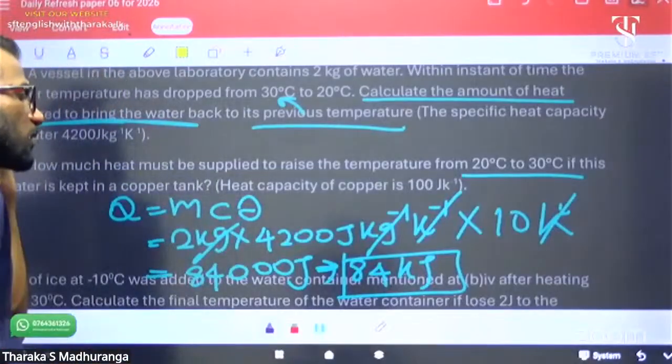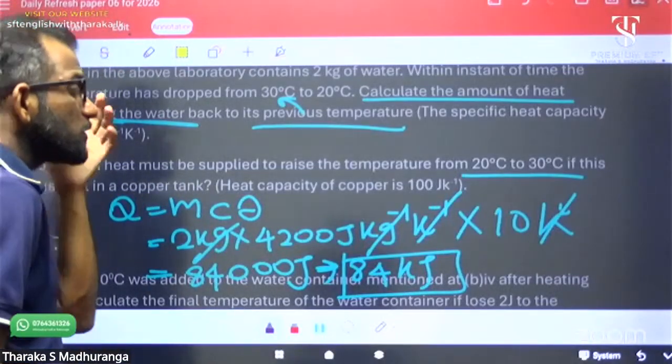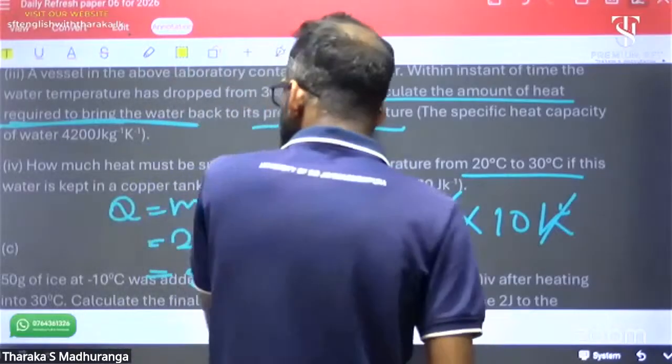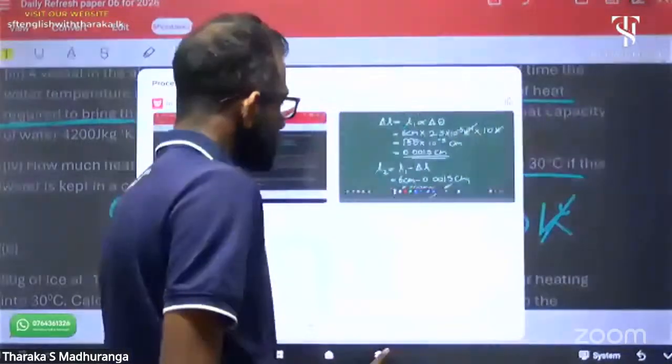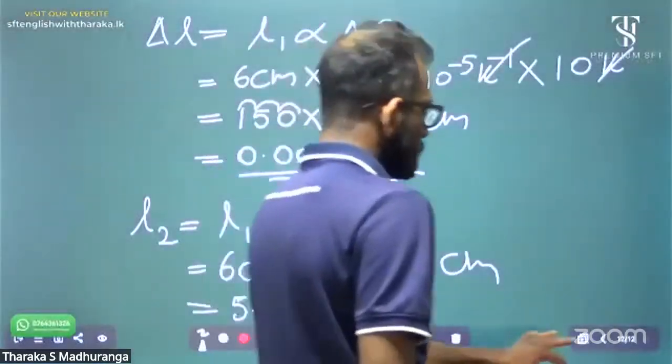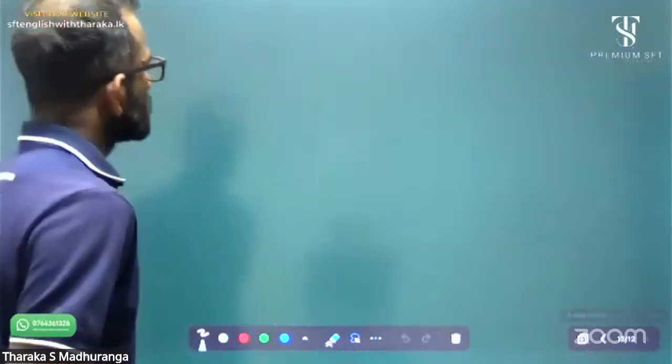How much heat must be supplied to raise the temperature from 20 to 30 if this water is contained in a container? It's a good question.